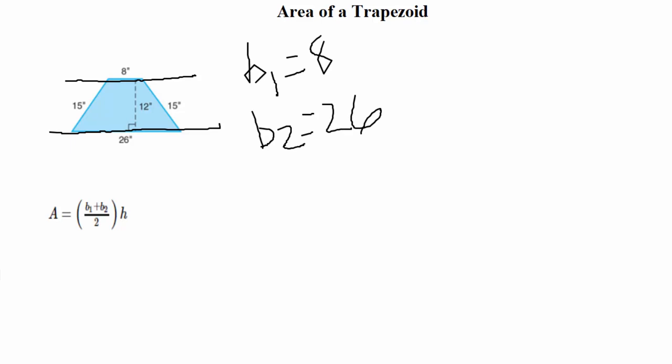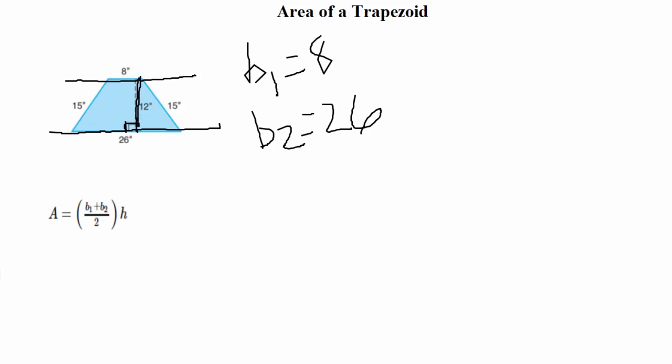The only other thing I would need to plug into this formula is the height. Now, the height connects the bases. The height goes from base 1 straight up to base 2. So it also forms a 90-degree angle with it, signified by that little box right there. That means that's a 90-degree angle.